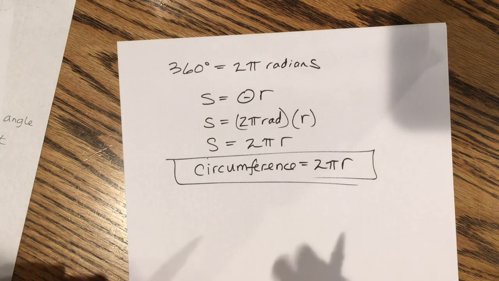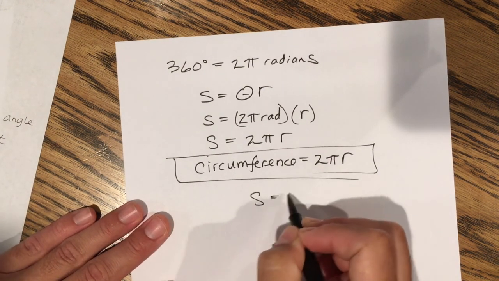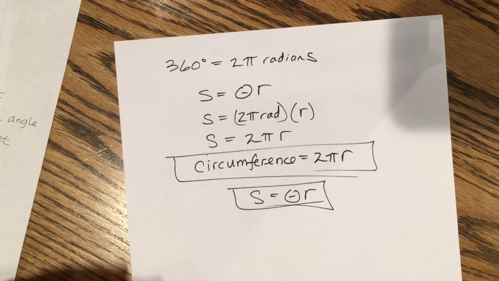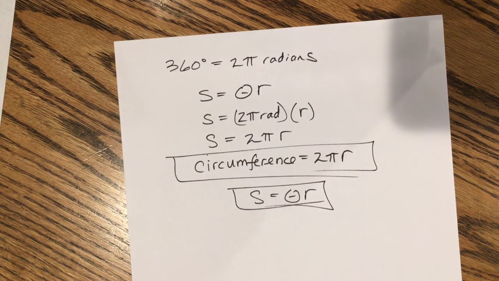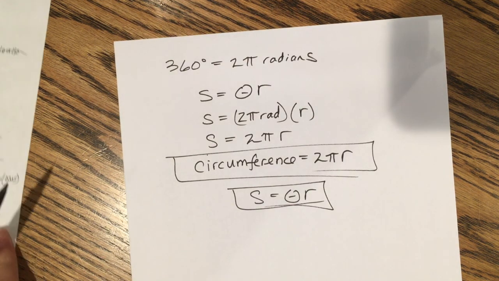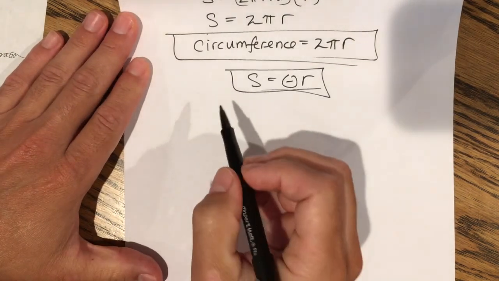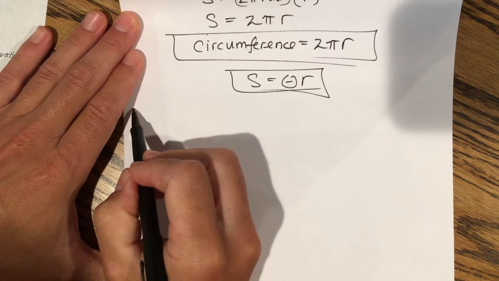But that's why this is such a nice formula, and that's where your circumference formula comes from using this. So now you can start to understand why working with radians is actually a little smoother than working with degrees. All right, let's move on to expand on this idea of angular position.